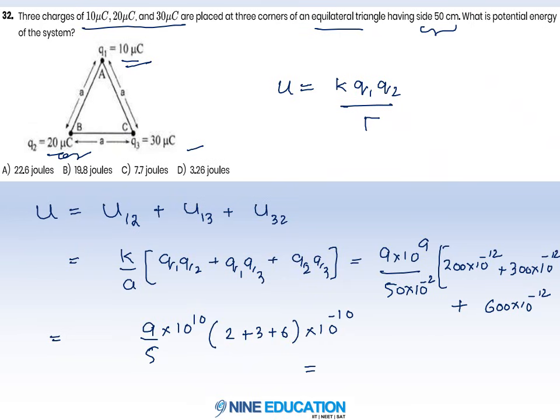This becomes 11 into 9 upon 5, equals 99 upon 5, which is 19.8 joule. So this is the correct answer.